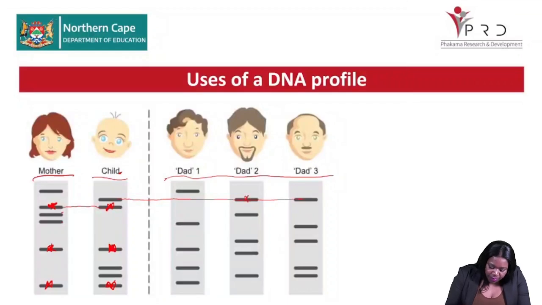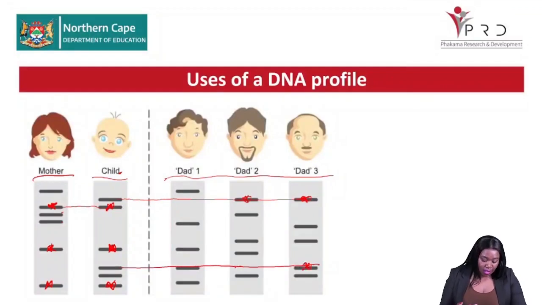So we can say that the first band of the child matches with dad 2 and dad 3. And then we skip the second one and the third one. We move on to the fourth one. It matches dad 1 and dad 3.